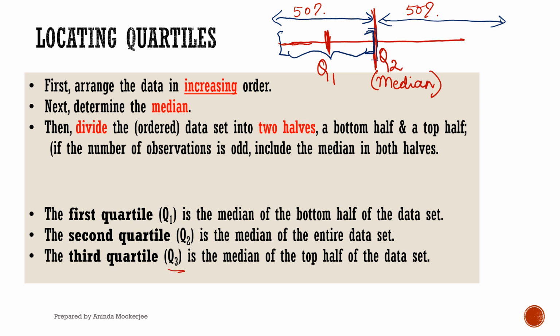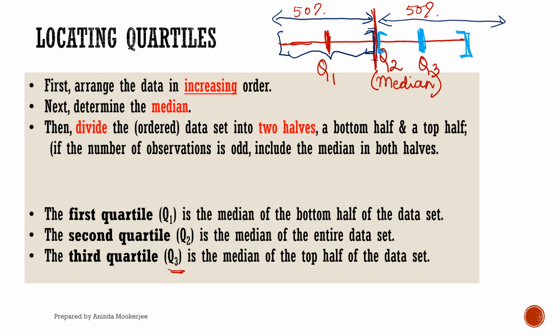For Q3, you do the same thing but to the other half of your data set. So this time our data is going to start from the right hand side all the way to the end of the list, and we find the median right at the center of the upper half of the data set. So Q3 is going to be the median of the upper half.